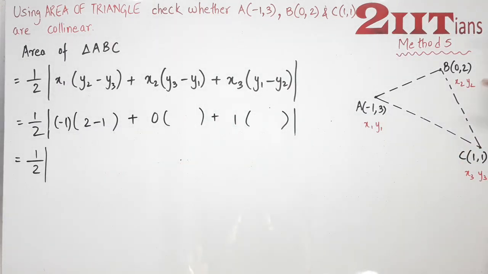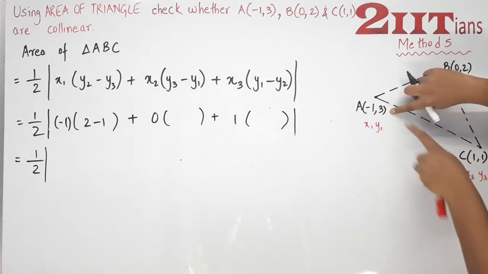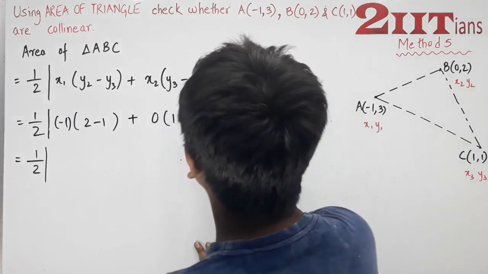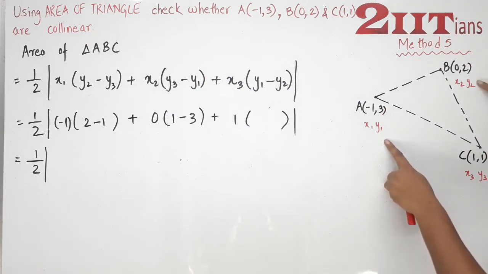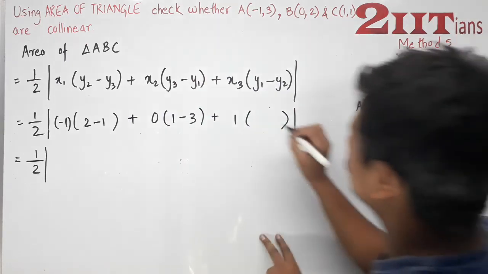y3 minus y1, this is 1 minus 3. So that is why I told you that this is a boring method. y1 minus y2, 3 minus 2.